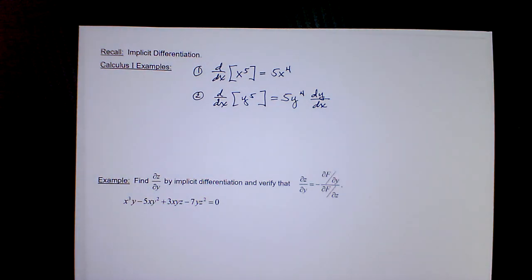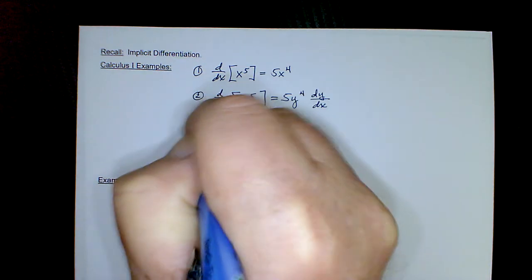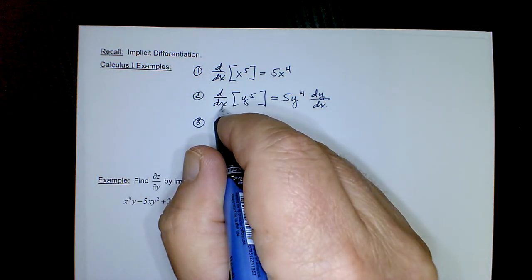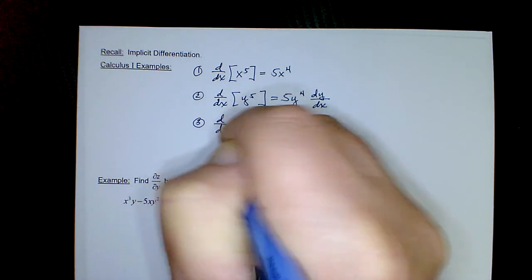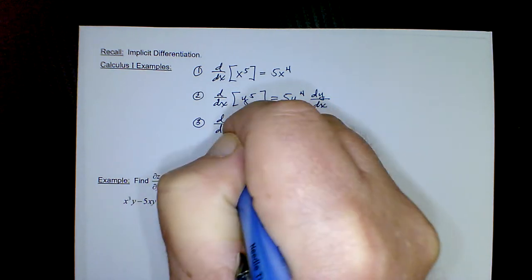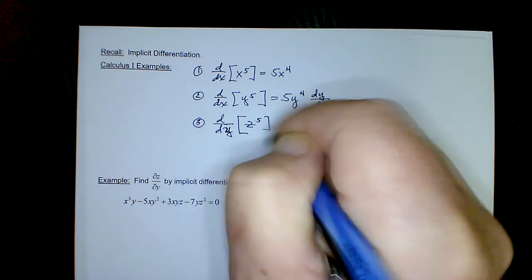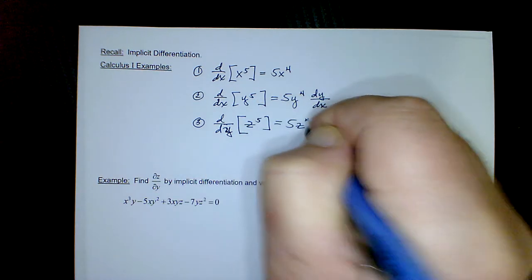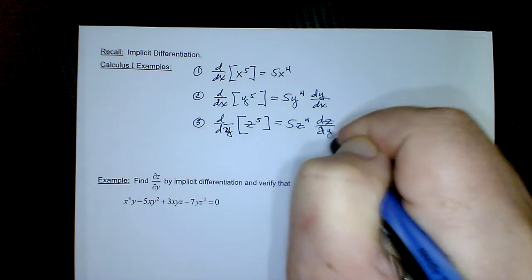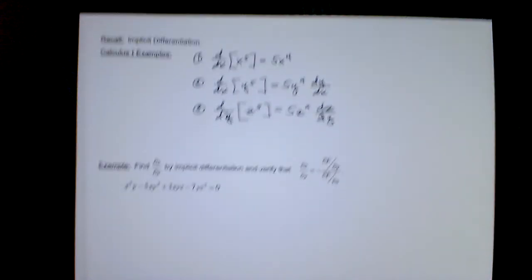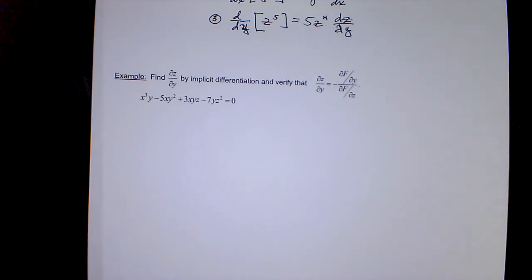And then anytime you differentiate with respect to a variable that's different from the independent variable you're differentiating with respect to, like you could have the derivative with respect to, let's say, y of z to the 5th, and then you get 5z to the 4th, but then times the derivative of z with respect to y. So we'll look at an example here, and this involves the partial differentiation.